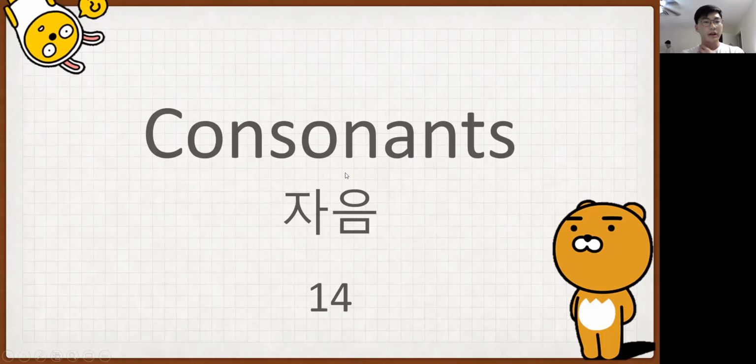So first we're gonna go over the 14 consonants, and in Korean, consonants are called the chaum. Okay, chaum is the Korean for consonants. And if you see here, you might notice that I'm not using the romanization. Using romanization when learning Korean is very bad for studying in the long run, because then you will keep relying on romanization.